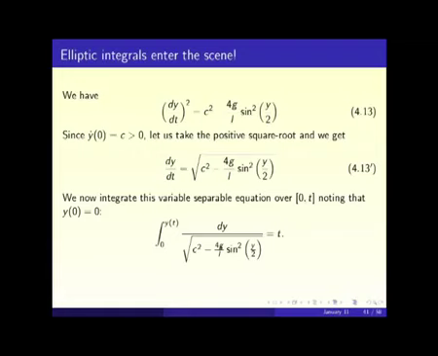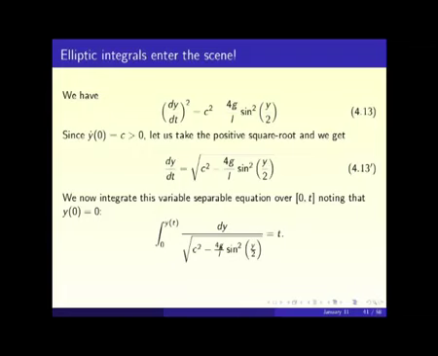We divide 4.13 prime by square root of c squared minus 4g by L sine squared y by 2 and then integrate both sides with respect to t over the interval 0 to t, noting that y of 0 equal to 0.